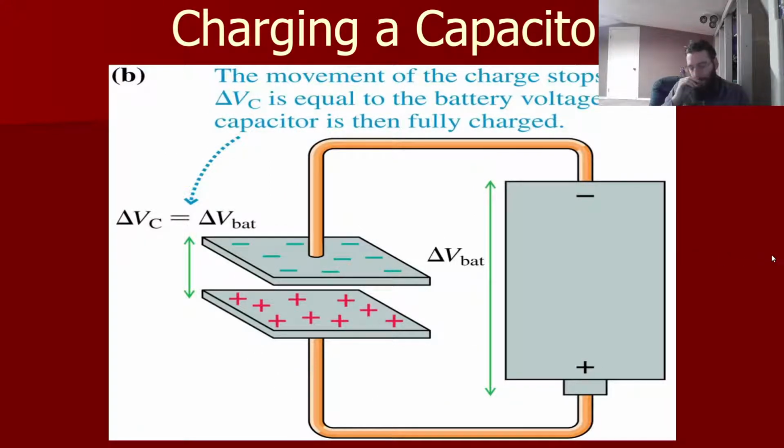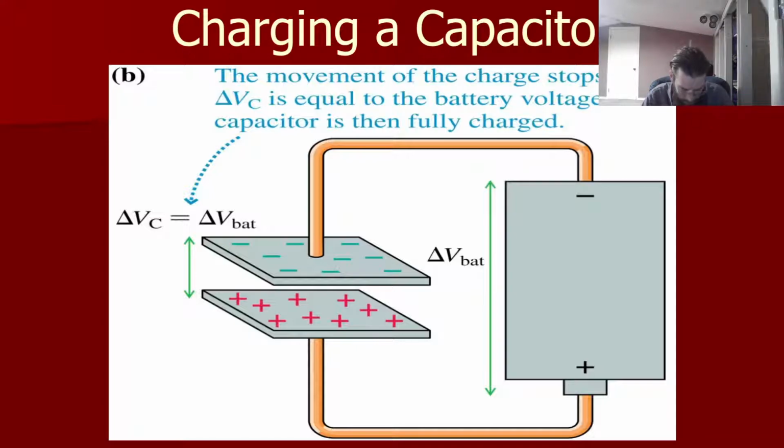Eventually what will happen is if you hook up a battery to a capacitor and give it enough time, the potential difference between your two plates, your voltage, ends up being the same as the voltage on the battery. For most capacitors, this does not take much time at all, but it becomes more difficult as you get more and more charge.